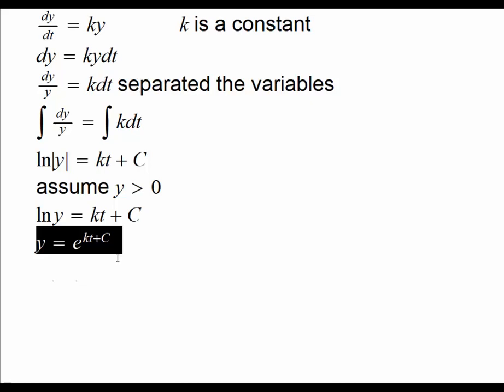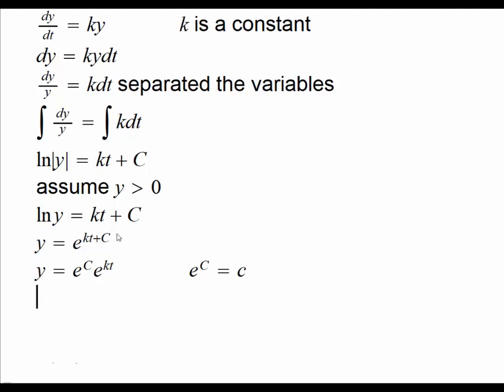shortly afterwards. I'm just writing it as we go by simplifying it. Multiplication is commutative, so I can write it as this kt, and then let's write e to the big C as little c. Let's call the exponential of big C as little c.